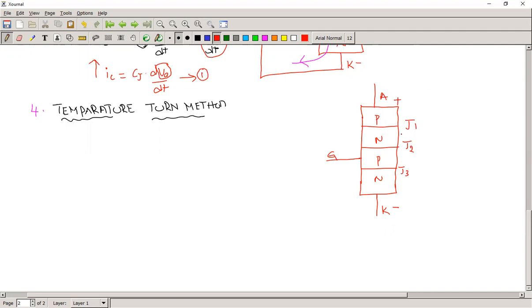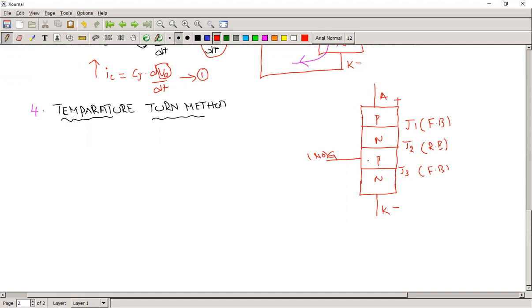With this polarity, no voltage to the gate. Junction J1 is forward bias, J3 is forward bias, junction J2 is reverse bias.